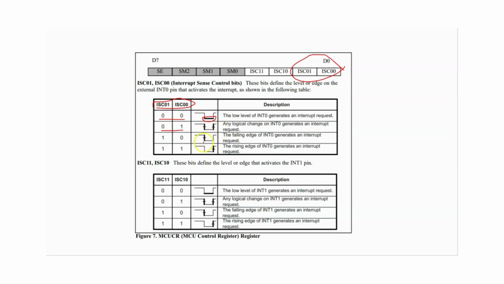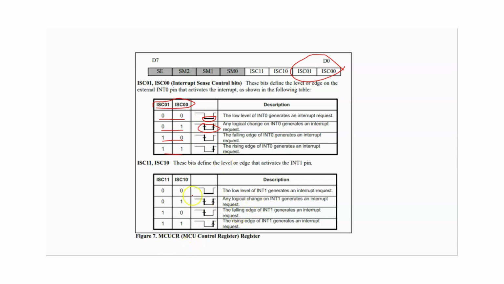If we take these two bits accordingly, the falling edge is enabled, and here the rising edge is enabled. And for this case, both edges were enabled. Here it was level triggered interrupt.